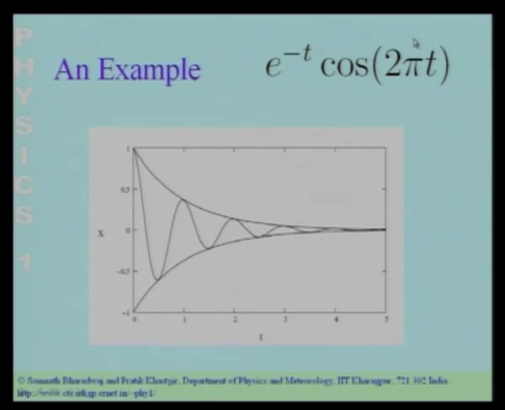So you have these oscillations, but you have this feature that the amplitude of the oscillations falls exponentially. In this particular case, the amplitude falls as e to the power minus t, and this is what is shown in the graph over here. The amplitude falls as e to the power minus t, and the motion is sinusoidal oscillation, just like the simple harmonic oscillator, just that the amplitude falls exponentially as time evolves, and it slowly gets smaller and smaller, and finally it will tend to 0 as time goes to infinity.